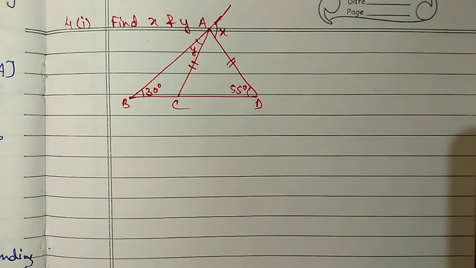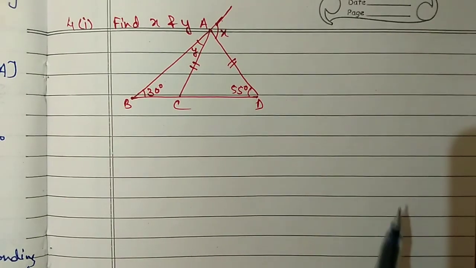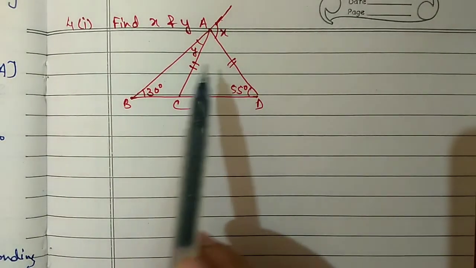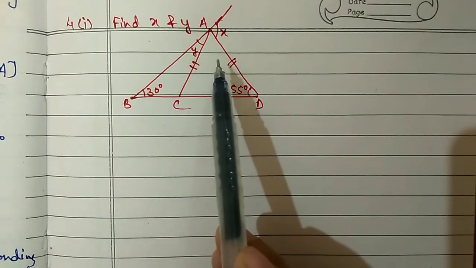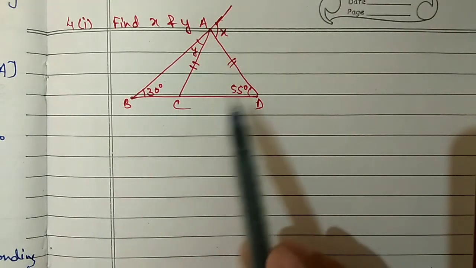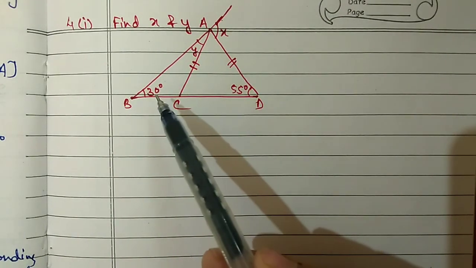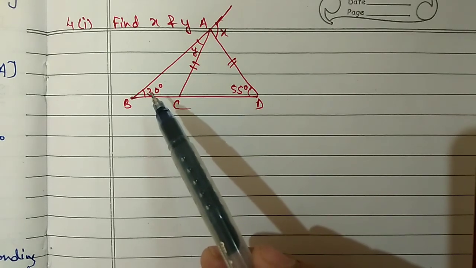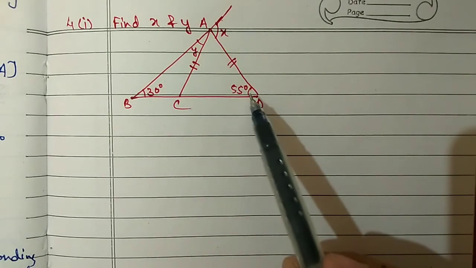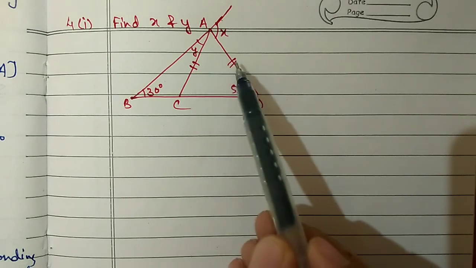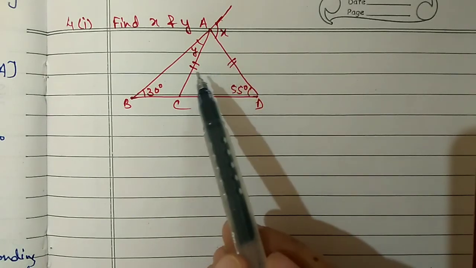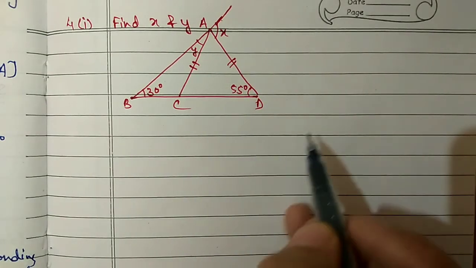Next, question number 4, first part. We have to find out the value of x and y. In this figure we have two triangles, this one and this one. In the first triangle only one piece of information is there, a 30 degree angle. In this other triangle one angle is given and these two sides are equal. So we will start from this triangle only.